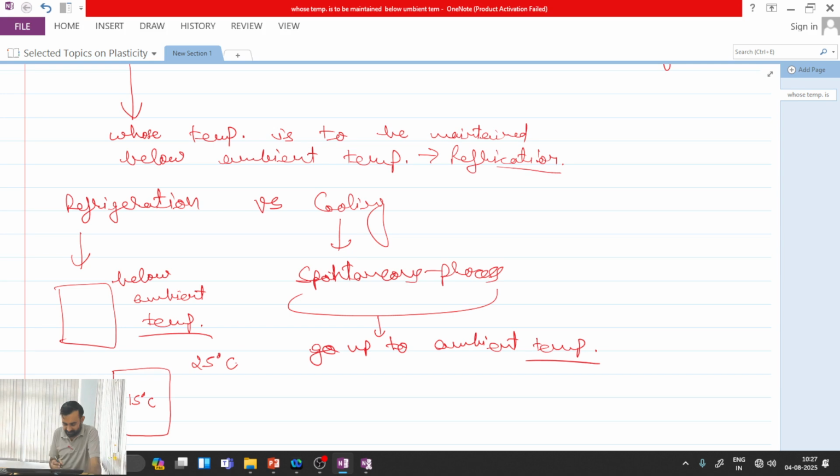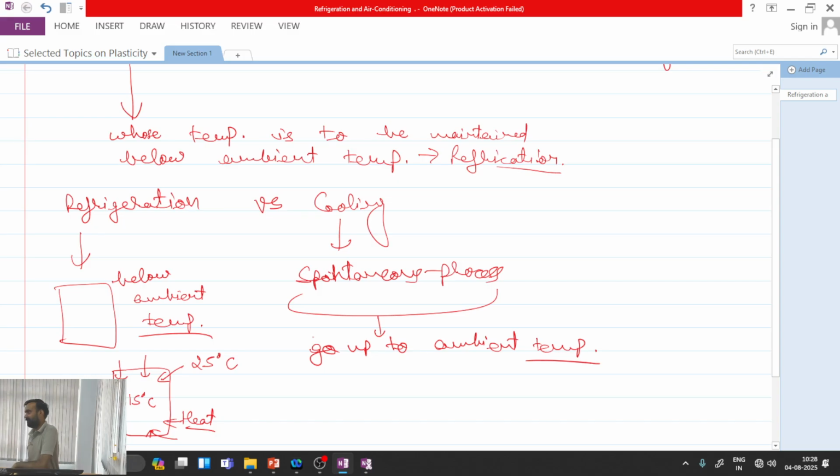The spontaneous process is that energy transfers from high temperature to low temperature. So there will be some flow of heat from outside to inside. Okay, and this heat will keep flowing across the walls of this room until the inside temperature becomes equal to the ambient temperature. Because ambient is a thermal reservoir, we have an infinite amount of heat there, so its temperature will not decrease upon removing the heat. Is this point clear?